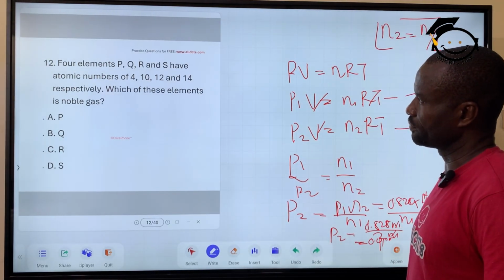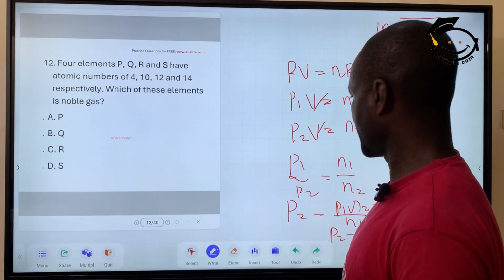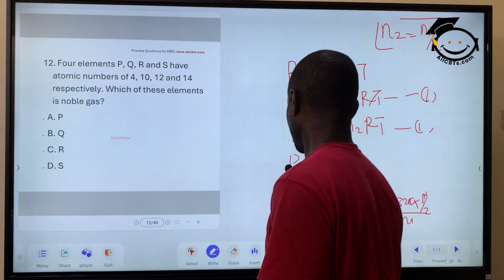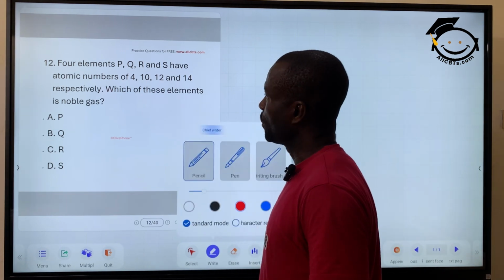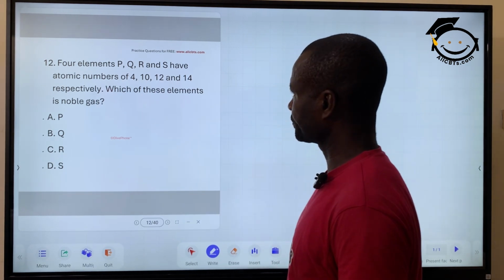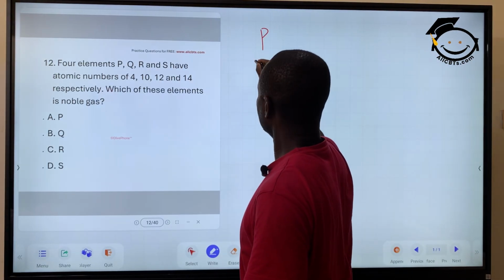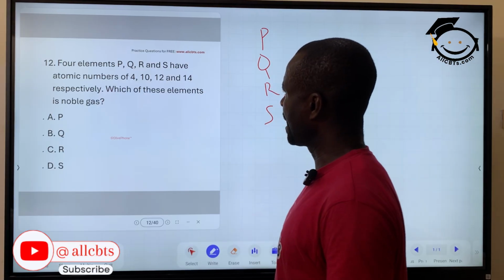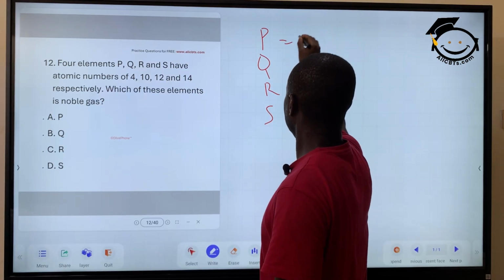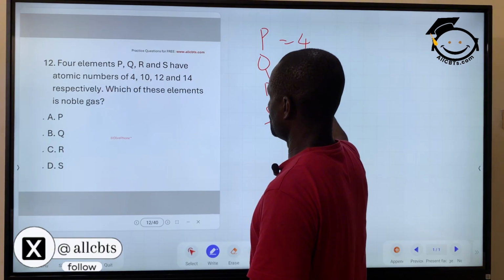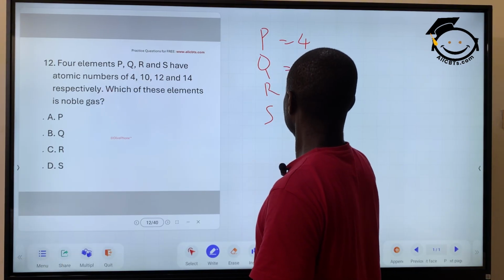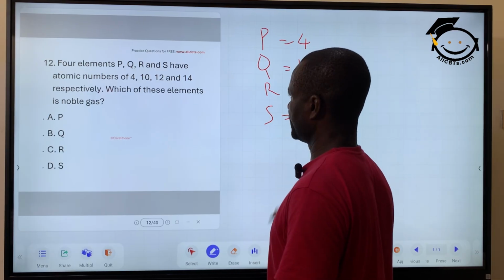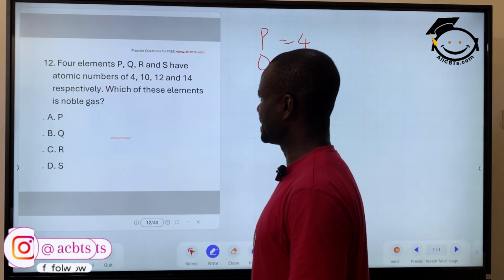Number 12. Four elements. Let's erase this. We have 4 elements: P, Q, R, and S. They have the atomic numbers 4, 10, 12, and 14 respectively. Which of these elements is a noble gas?